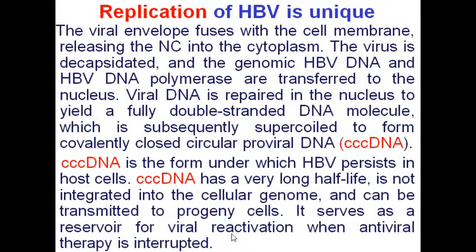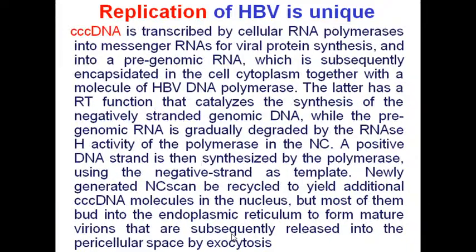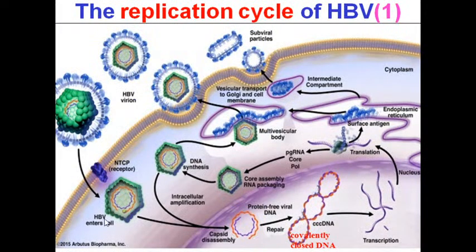So, what is the way of replication? To shorten it somehow, you may take a picture of this slide, because I just want to briefly discuss it. First it binds with the receptor, you can see it here, right?